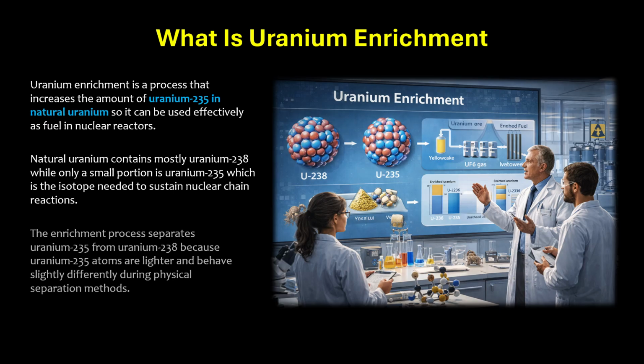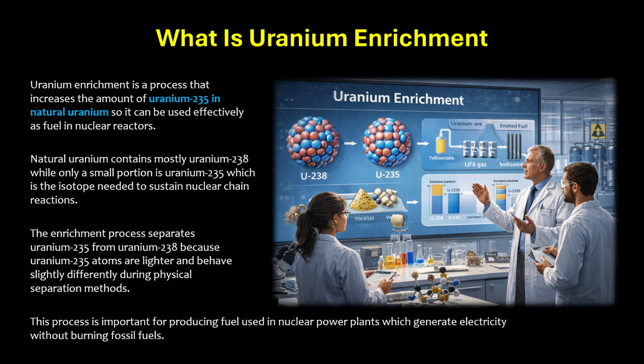The enrichment process separates uranium-235 from uranium-238 because uranium-235 atoms are lighter and behave slightly differently during physical separation methods. This process is important for producing fuel used in nuclear power plants, which generate electricity without burning fossil fuels.